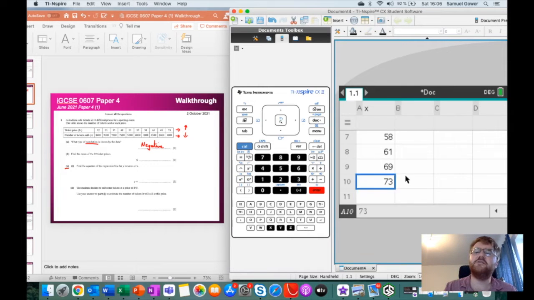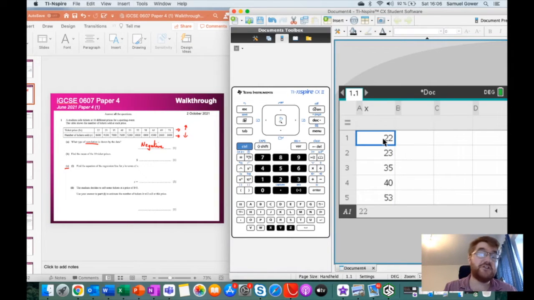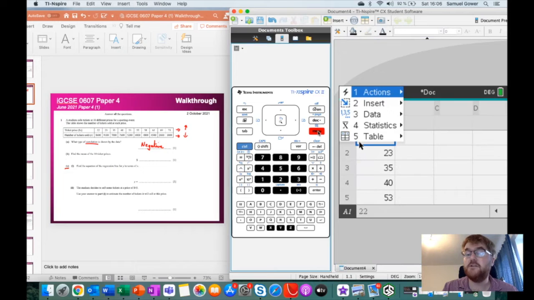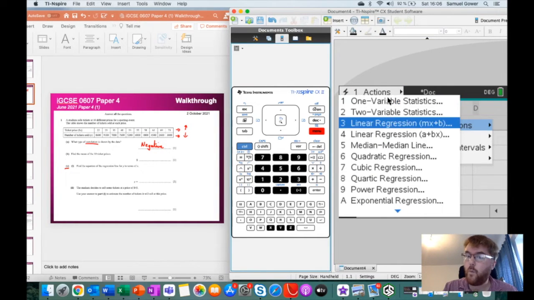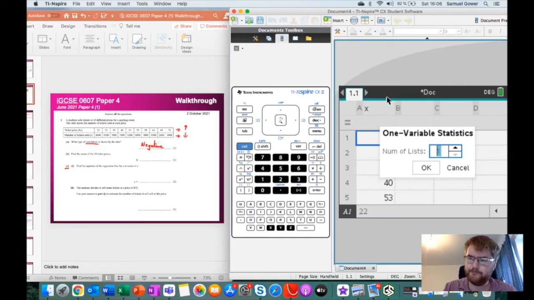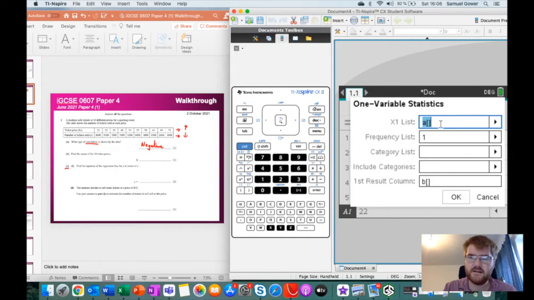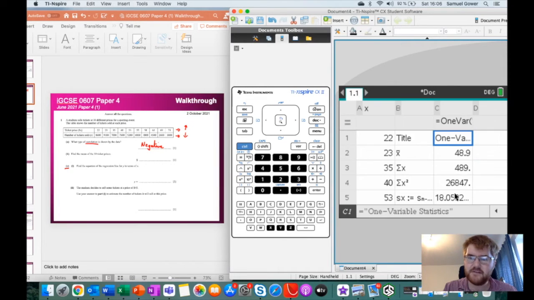Once I've put those numbers in, to actually work out the mean I go to Menu, Statistics, Stat Calculations, one variable statistics, number of lists 1. We're going to select the list, so better to use this button here so I can select the X list. I press OK, and as you can see, lots of data is there for you.